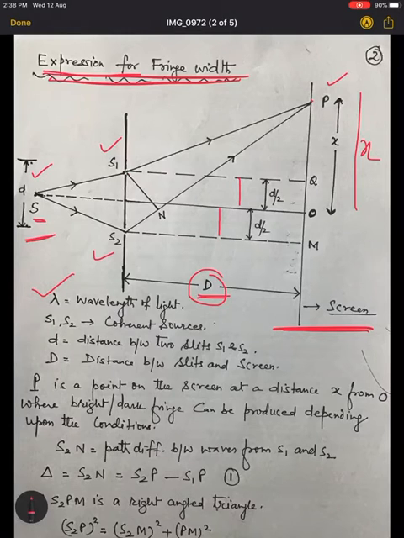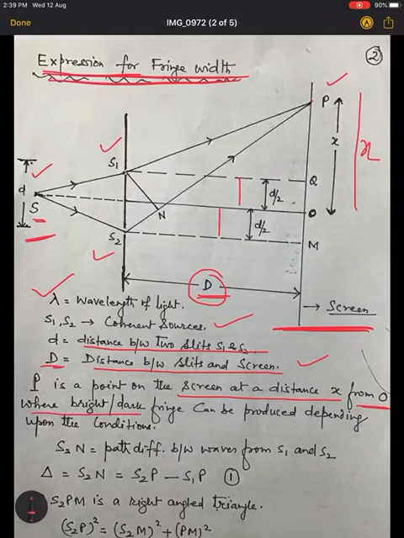S1 and S2 are coherent sources. Small d is the distance between the two slits S1 and S2. Capital D is the distance between the slits and the screen. P is a point on the screen at a distance x from O, where a bright or dark fringe can be produced depending upon the conditions.